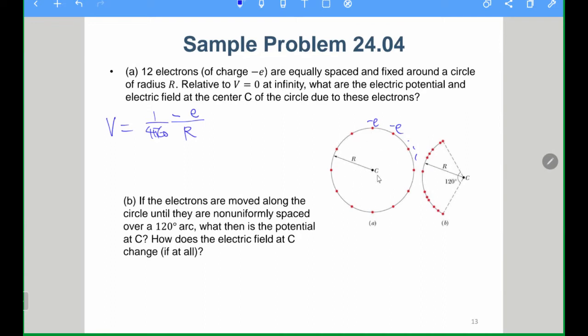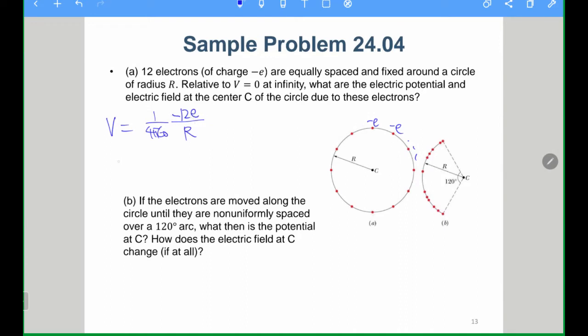So it is multiplied by 12 here, because all of them are e, and all the distances are the same because it's a circle. It's the center of a circle, and all of the charges are negative e. So we altogether have this electric potential at point C.